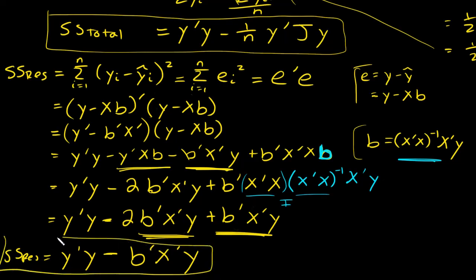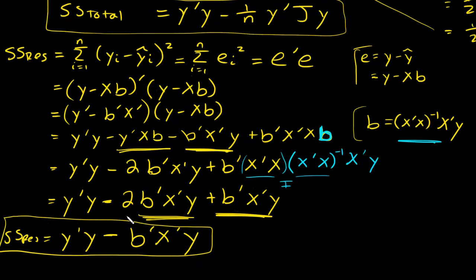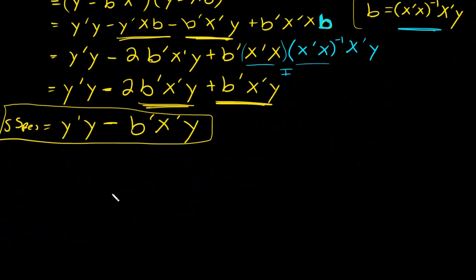Lastly, we have our sum of squares regression. Let me write out that sum of squares total equals sum of squares regression plus sum of squares residual.